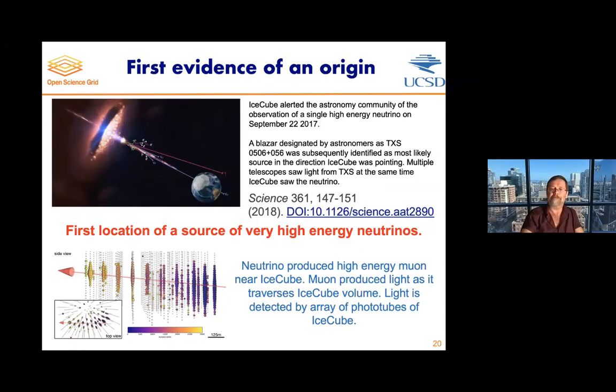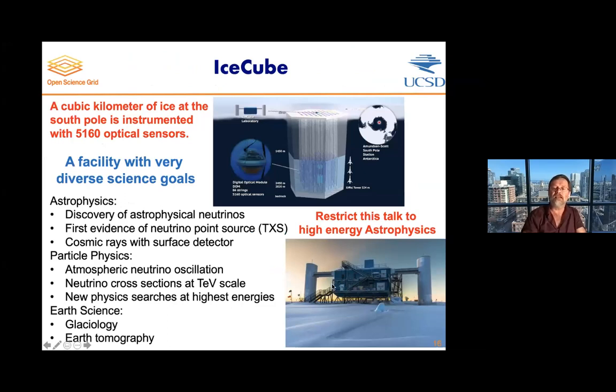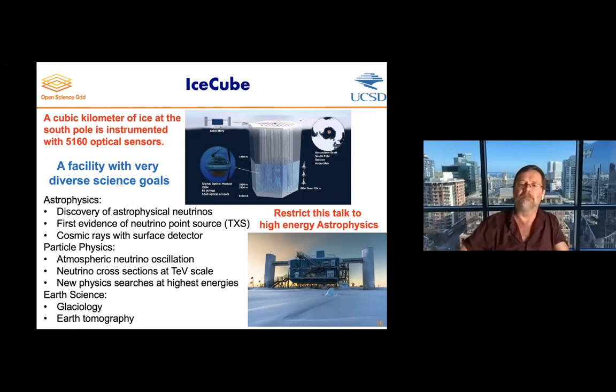Yep, sure. And now there are a couple of things that are interesting, because of course you have neutrinos hitting Earth over, I think, 9 orders of magnitude in energy.